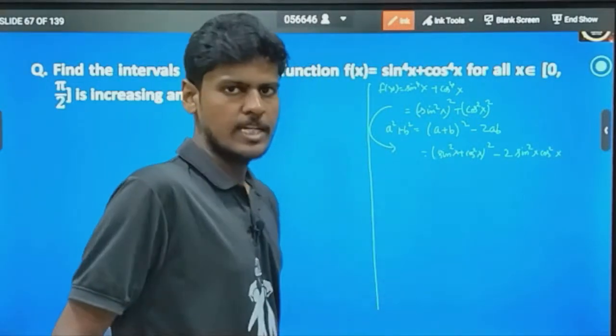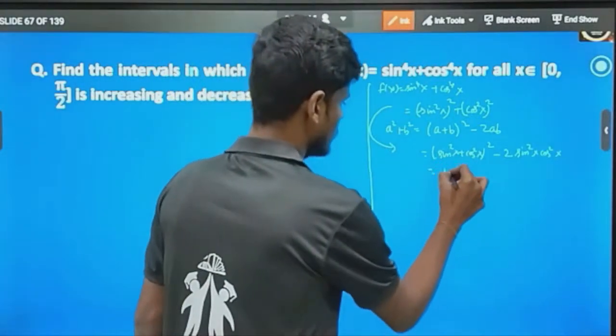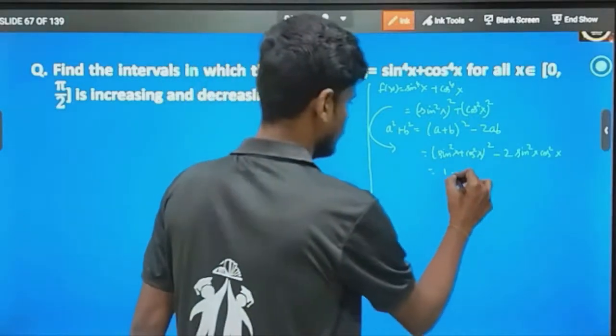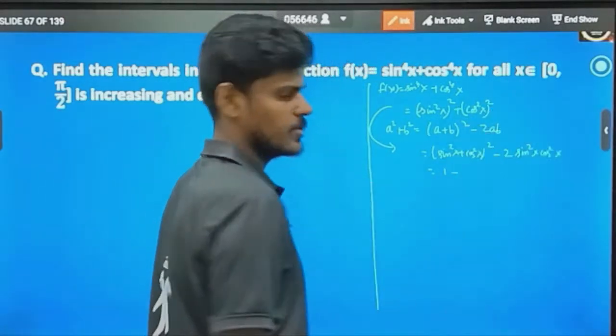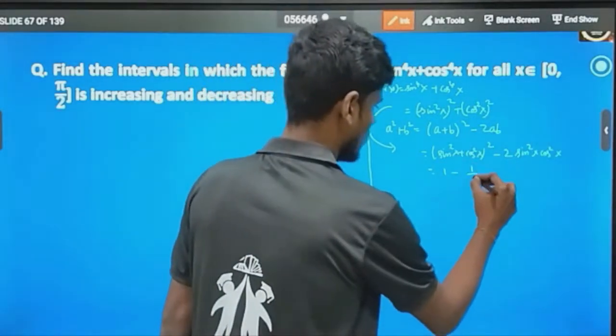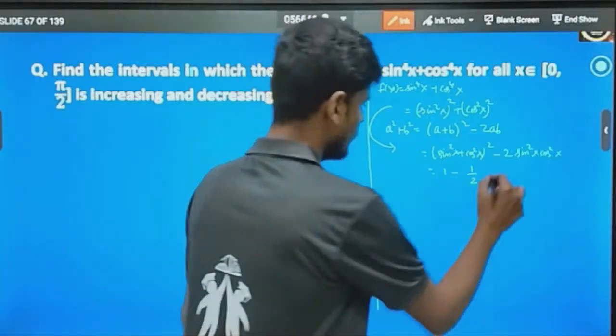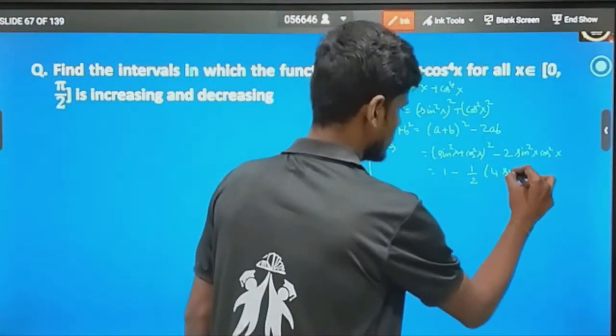Now what is sin square x plus cos square x? That is 1. So this is 1 minus 2 sin square x cos square x. That can be written as 1 minus 1 by 2 of 4 sin square x cos square x.